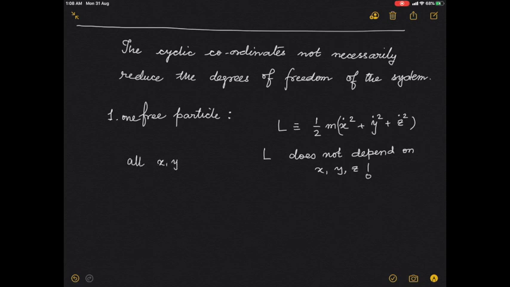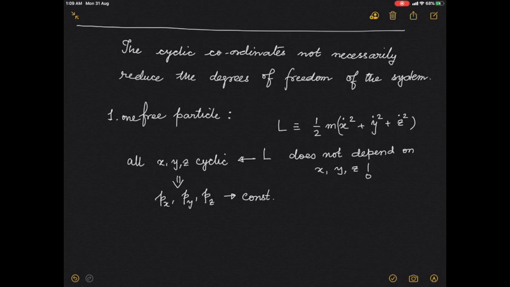So x, y, z are all cyclic, and this implies that px, py, and pz are constant. That we already know. Newton's second law tells you that that should be the case, because it's a free particle, no force acting on it, its momentum should not change. The rate of change of momentum is 0. No force is acting on it, right?